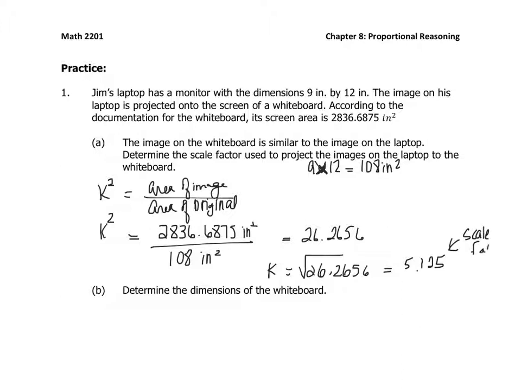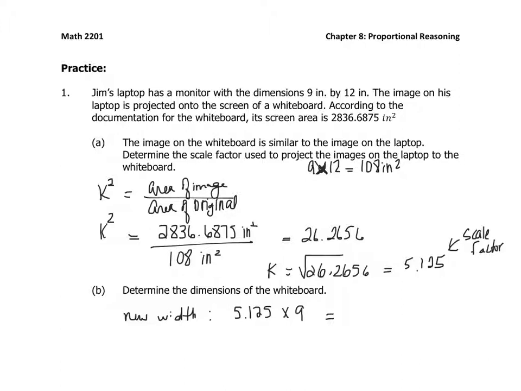So basically the dimensions on the whiteboard will be about 5 times as big as the dimensions on your monitor. To determine the dimensions of the whiteboard, the new width would be equal to k, the scale factor, times the original. So in this case the scale factor was 5.125 times the original width of 9.